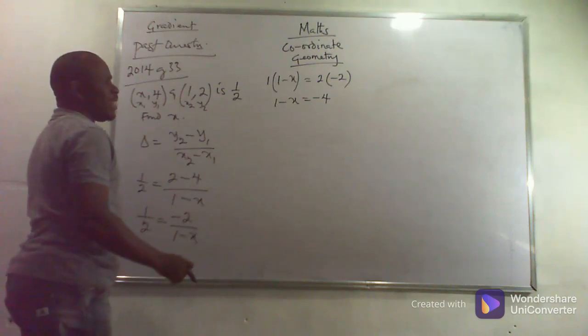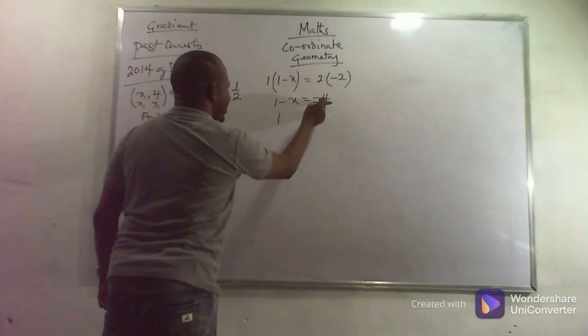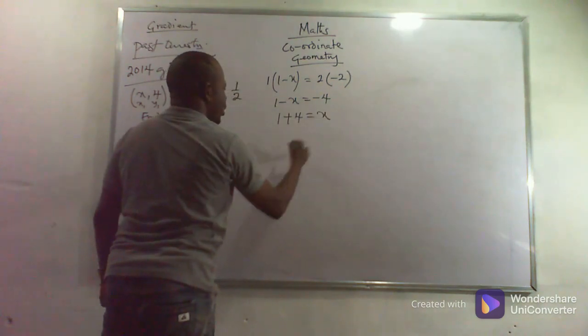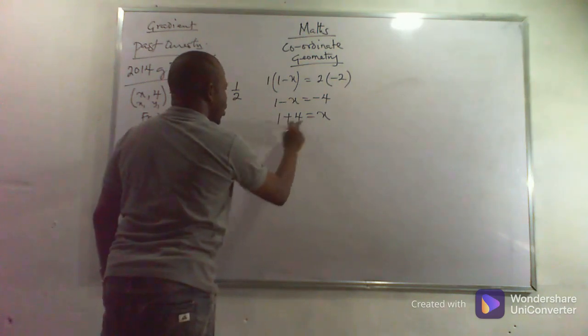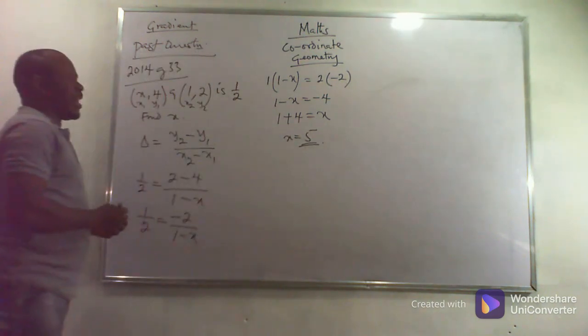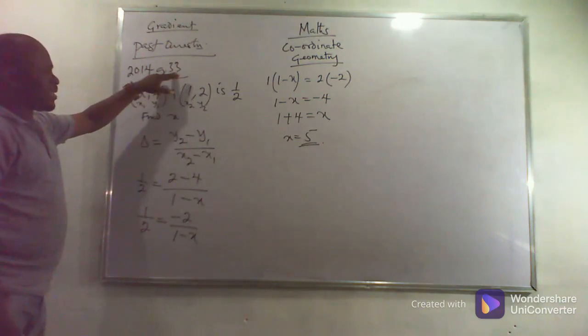Then I can collect the right hand. So you have 1, this comes here, plus 4 equals x. If you rearrange, x equals 1 plus 4, that gives me 5. That is the answer to Jamb 2014 question 33.